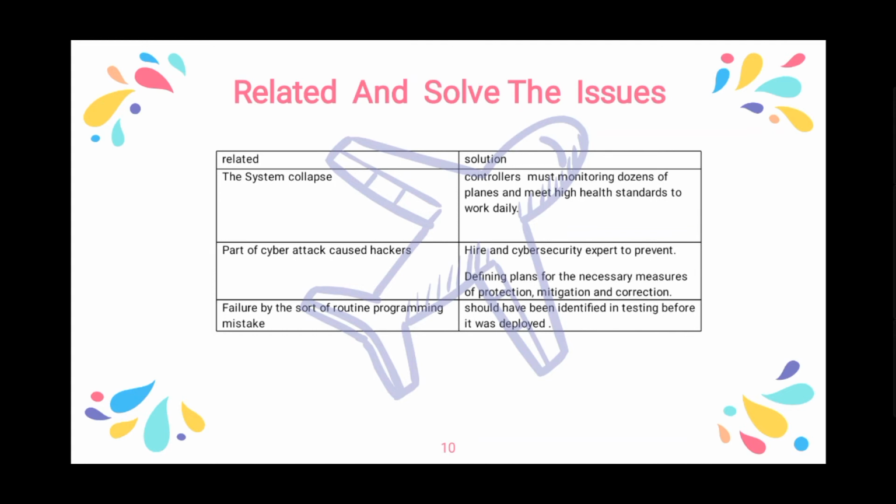So the solution is we can hire cyber security experts to prevent and define plans for the necessary measures of protection, mitigation, and correction, so it can help the air traffic control system.